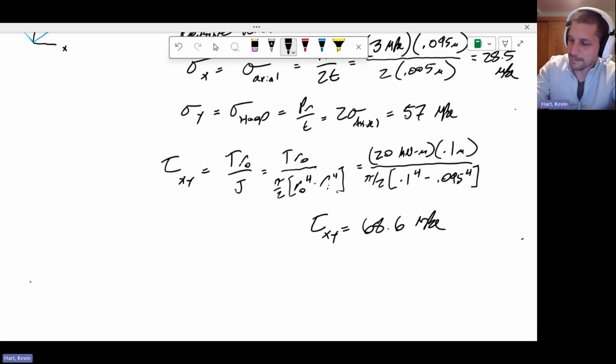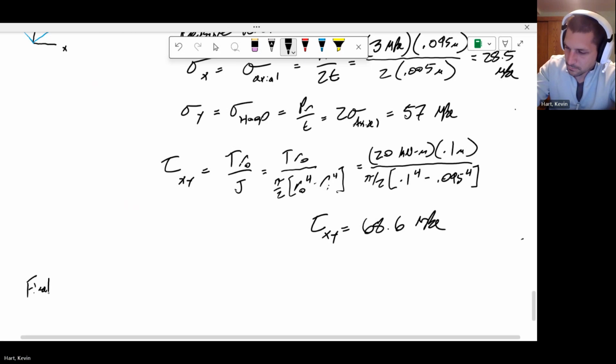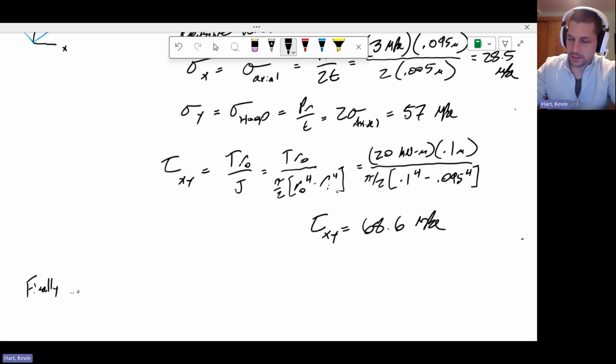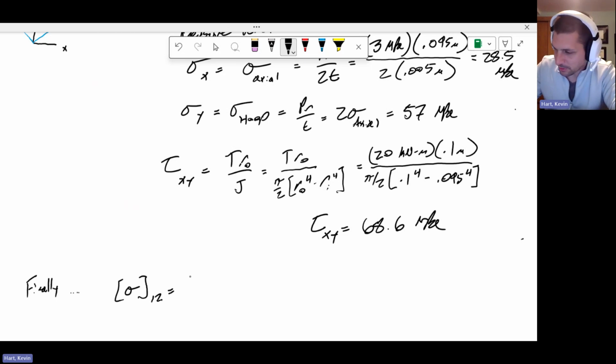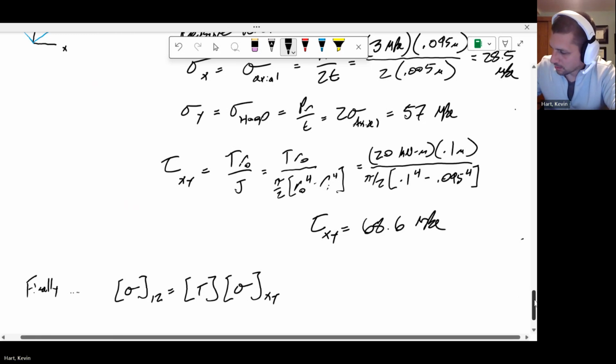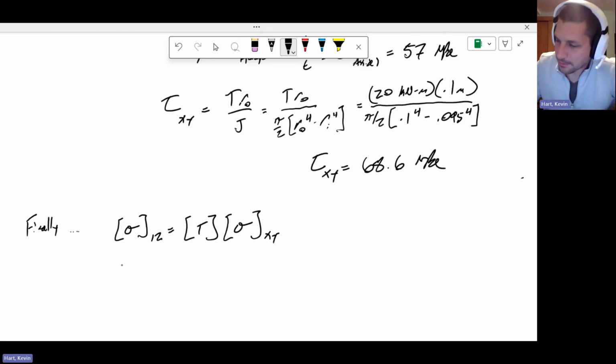Okay. So finally, we can use our composite knowledge now where we're doing transformations. We have that the stress in the 1, 2 coordinate system is equal to the transformation matrix T times the stress in the XY coordinate system. I'll just write it all out here.